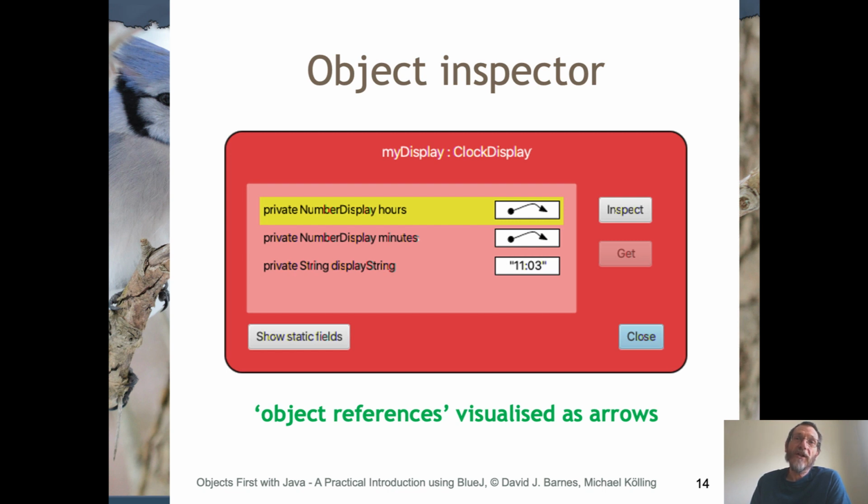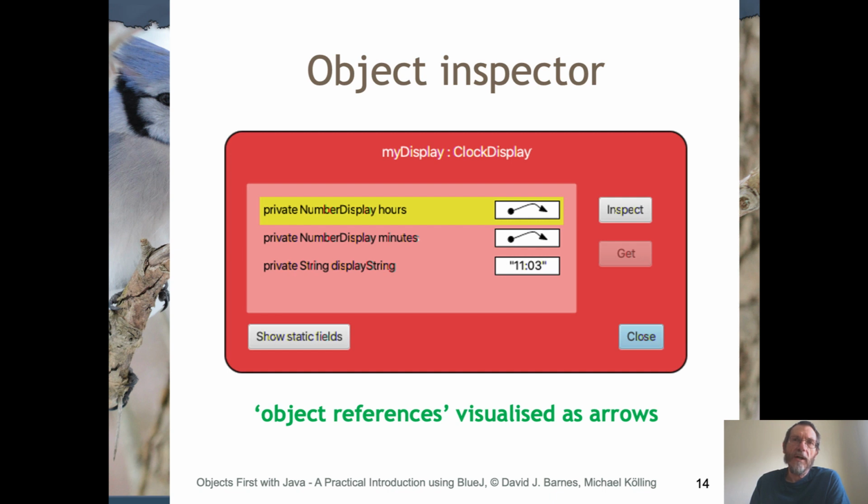You would now see arrows to indicate that those instance variables are not storing what we might call low-level values like numbers. They are storing what are called object references. In other words, references to an object.